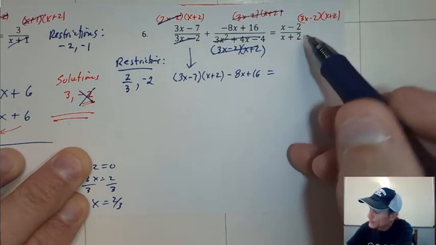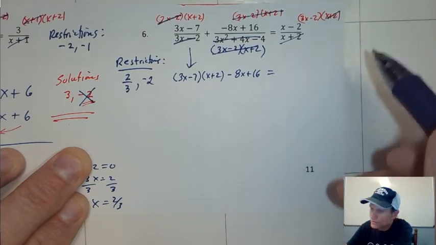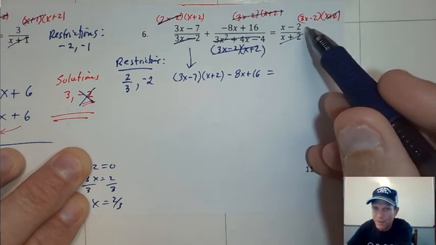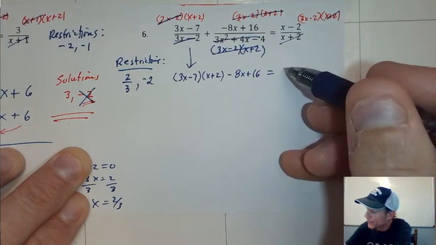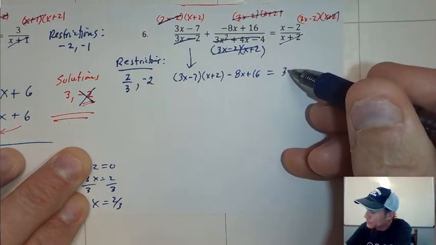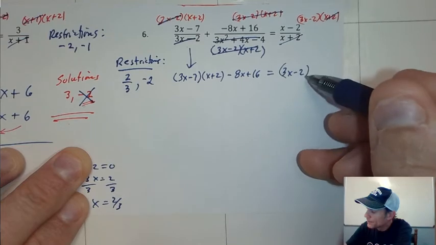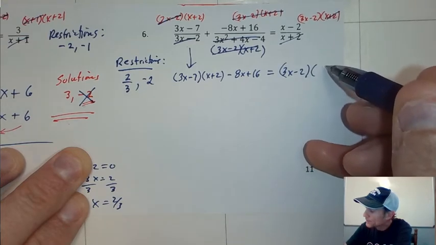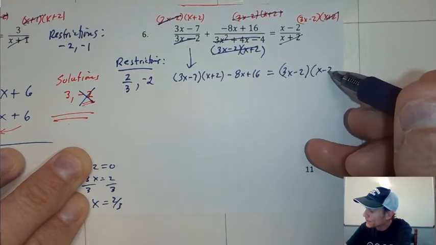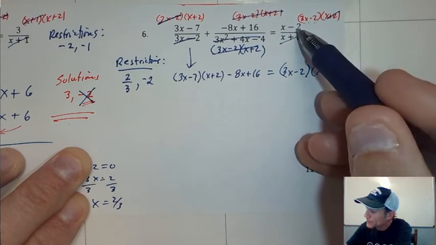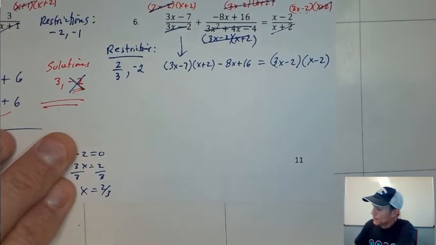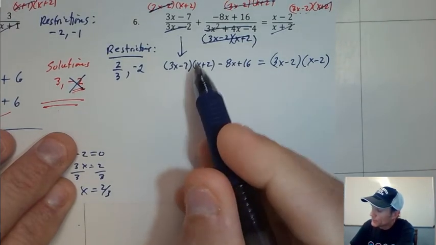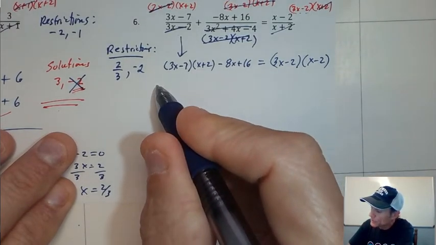And then on the right side here, the x plus 2 cancels, and I get a multiplication problem again, a FOIL problem, and I'm going to write it down. I have 3x minus 2 times x minus 2. Can you see that? Well, here's a FOIL problem. I'm just going to take care of that. I got 3x squared.